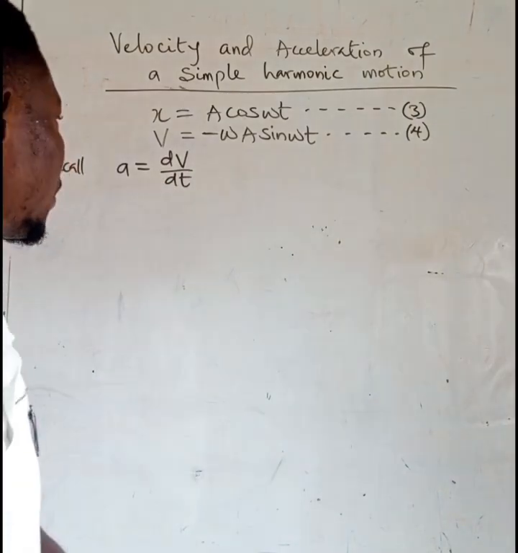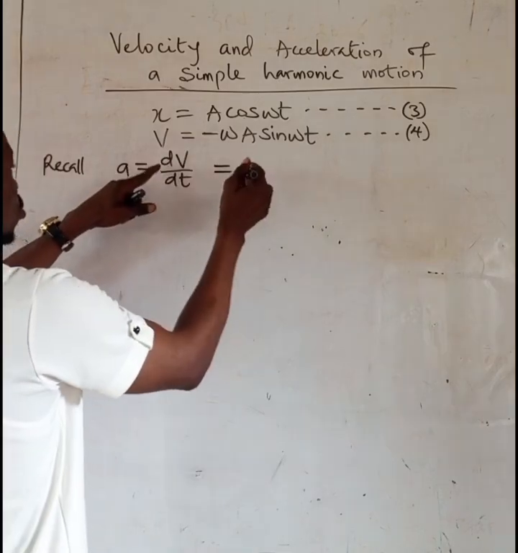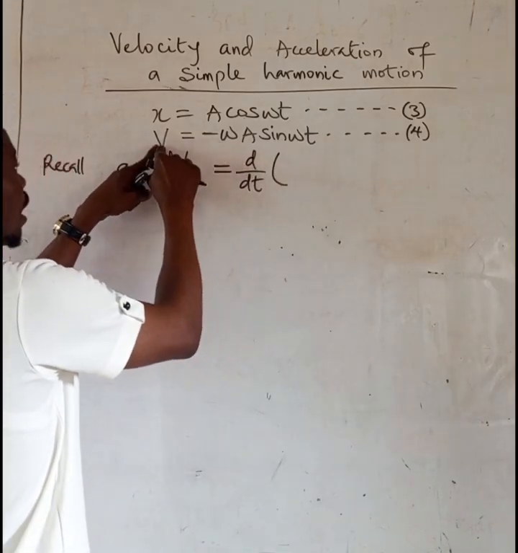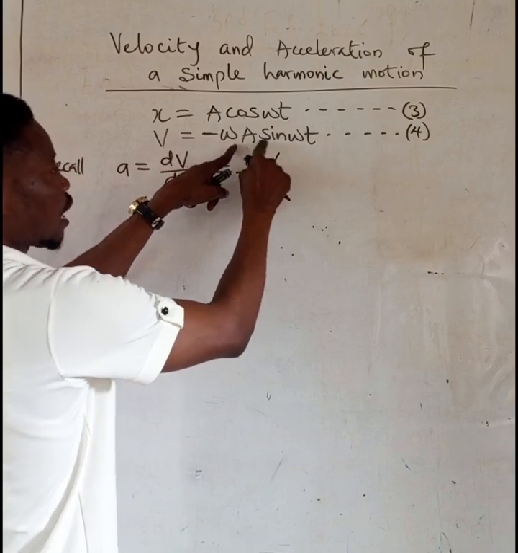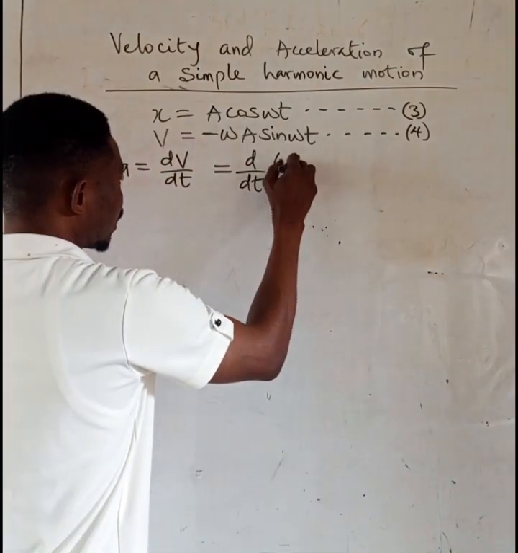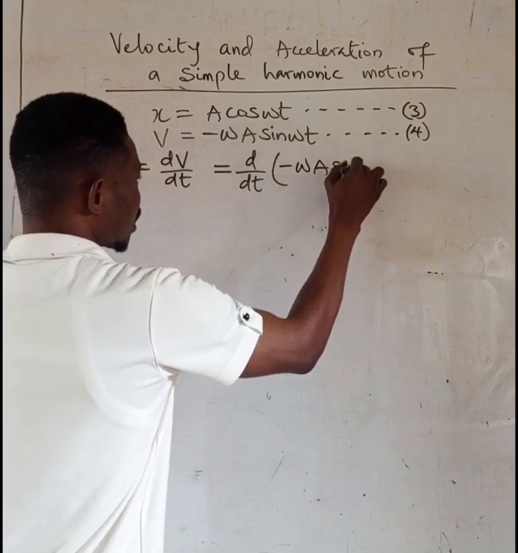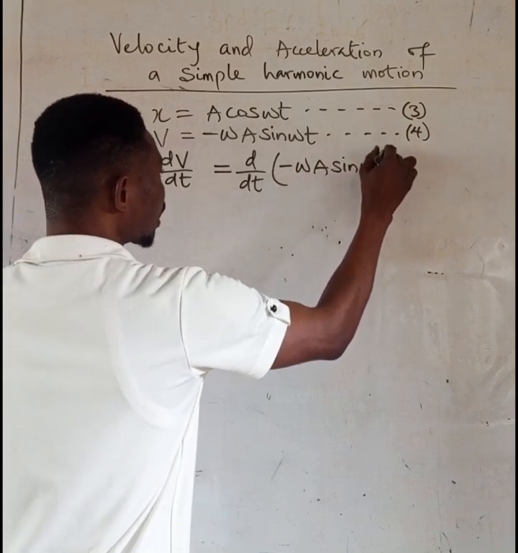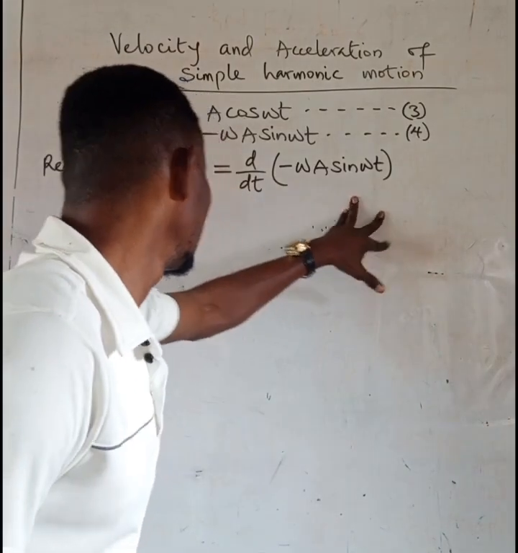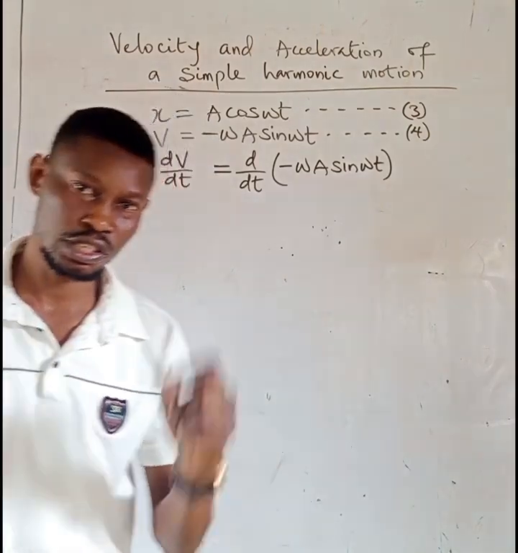So if acceleration is dv/dt, we have d/dt, and then we substitute what we have as v, which is negative omega A sine omega t. Once we differentiate this function, we are going to get the acceleration of a simple harmonic oscillator.